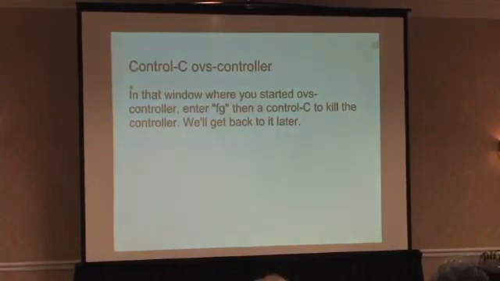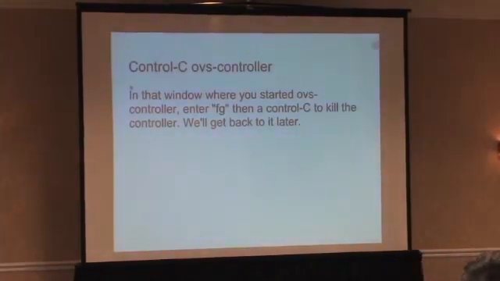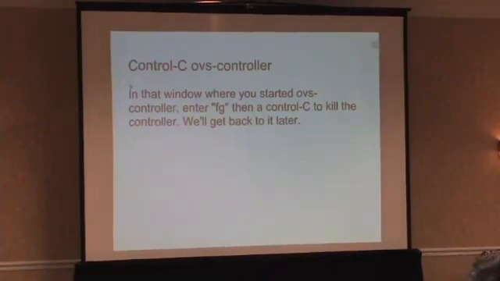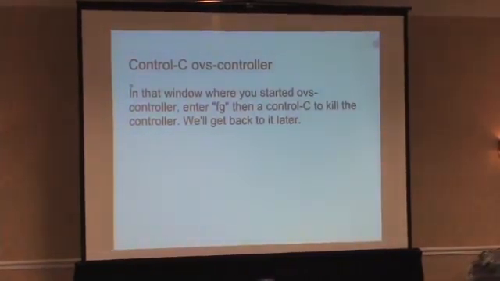And again, there's no rule in the switch. So now you have a unicast ARP packet going to the switch, and it's not going to match any rule in the switch. So that gets sent to the controller, and the controller again does a flow mod, sets up a rule that will handle those kinds of packets, and then sends the packet back.